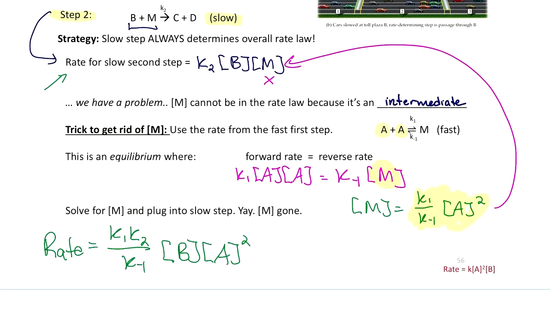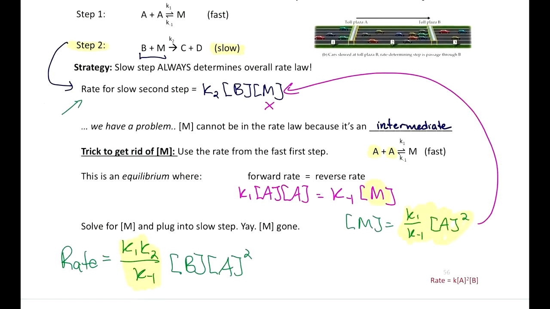I know this looks really messy. So I have all these individual K's, which represent the rate constants for the elementary steps. So I'm just going to be lazy and combine all those K's into one K, where that one K represents the overall rate constant for this reaction.